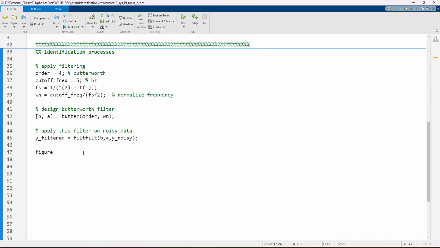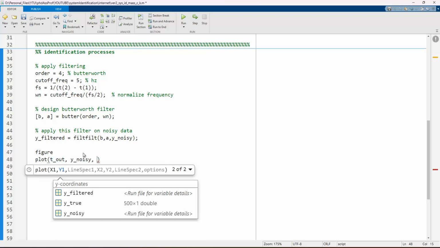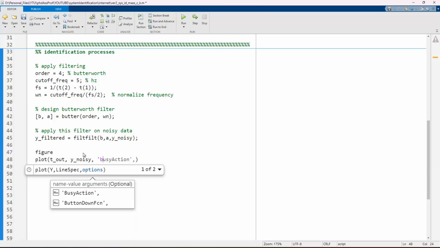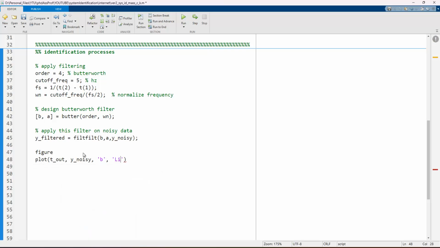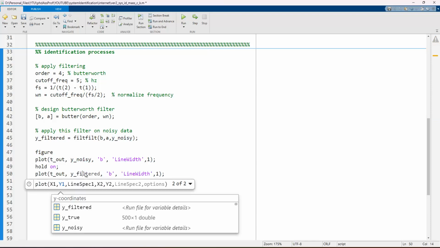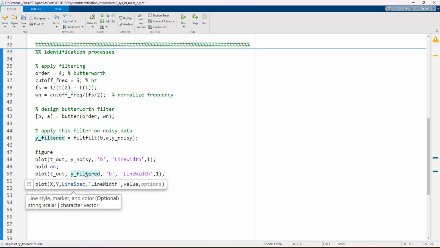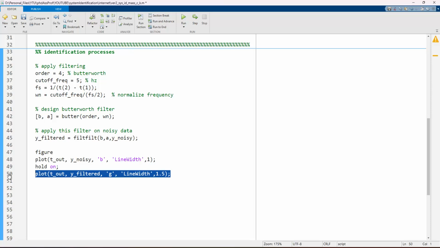And so we can draw these signals in here. The figure is the plot of t out and y noisy signal, the b and line width 1. Okay, and hold on should be put in here, and we can copy of these terms. Y filtered is assigned to green, 1.5, and also we can copy of these terms.